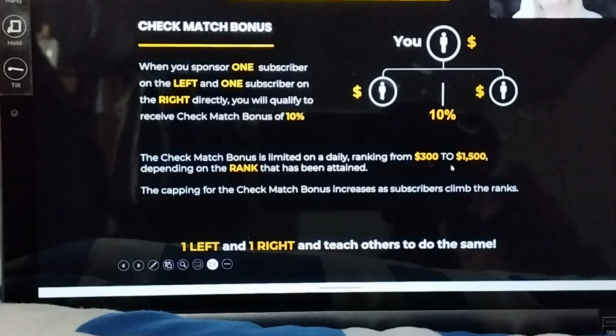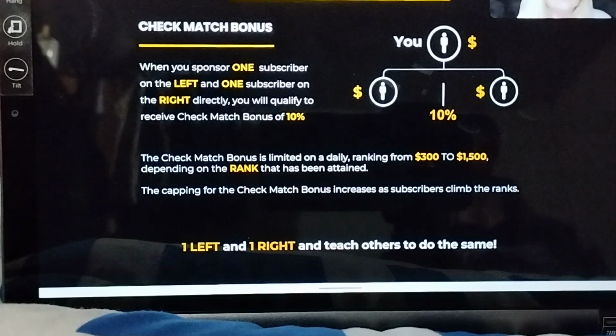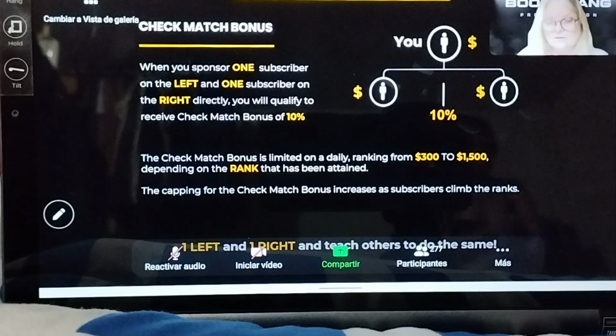If you are, however, a ranked member, then that daily cap goes up with every rank, and that can go all the way to 1,500 in the top rank, which we call the Bitcoin rank. And again, you teach this to every single person, and everybody under you counts for the binary check match bonus.